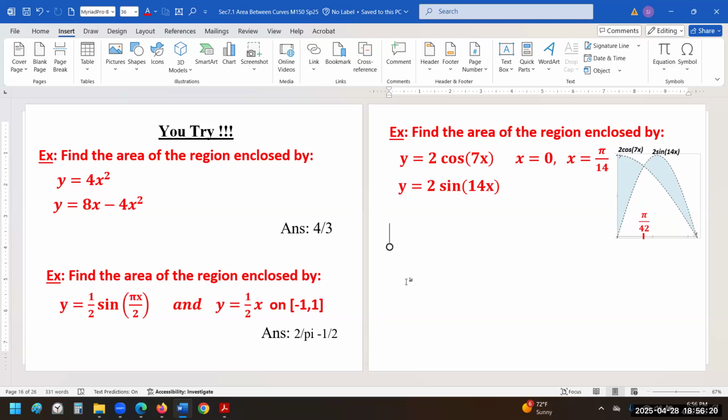Are you guys done? The two cancel out. Why do you have to find the top on the bottom? This one.